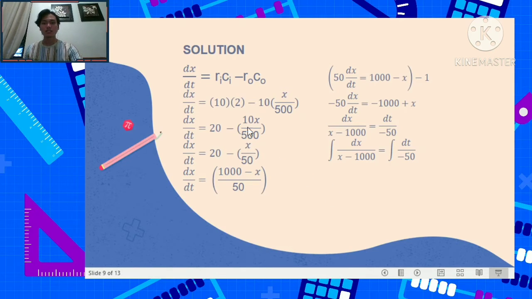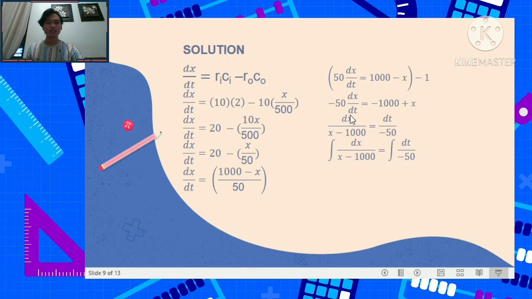And then divide 10 over 500, we will get 20 minus x over 50. Then get the LCD, which will result to 1000 minus x over 50. And then we will cross multiply and multiply it by negative 1 para maging positive yung x.